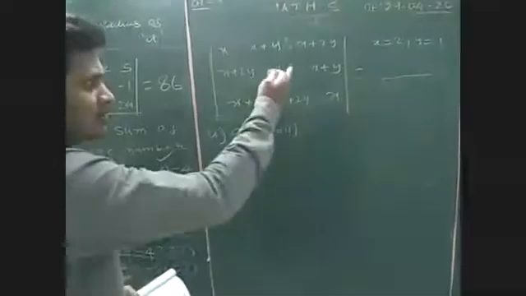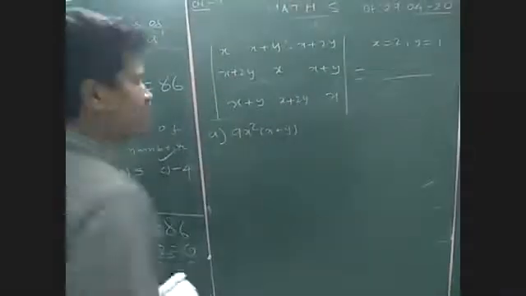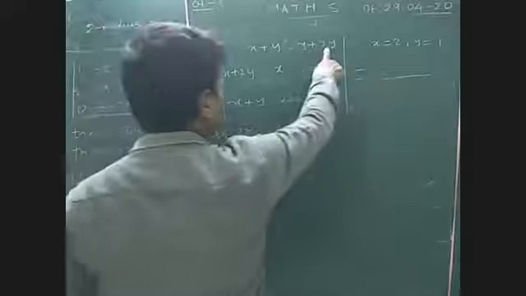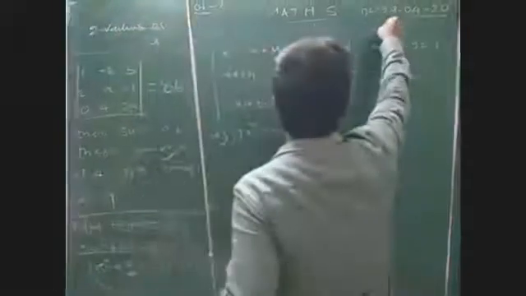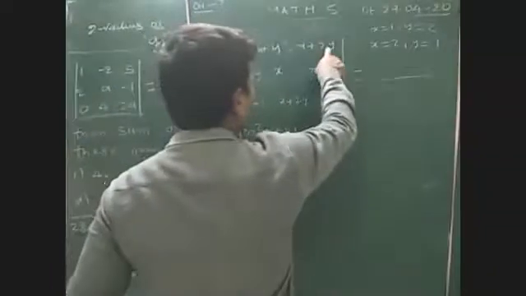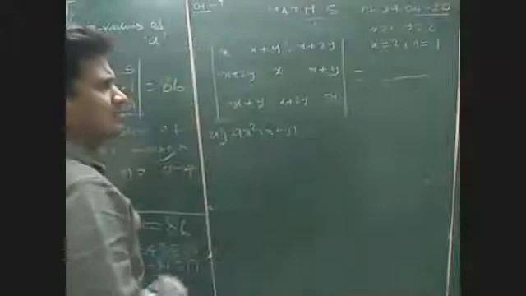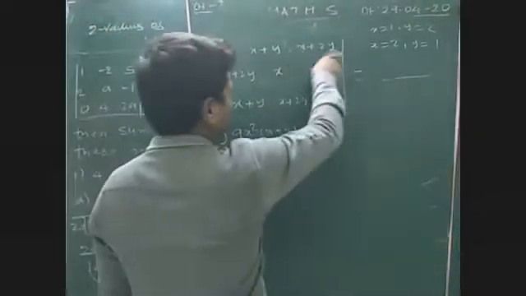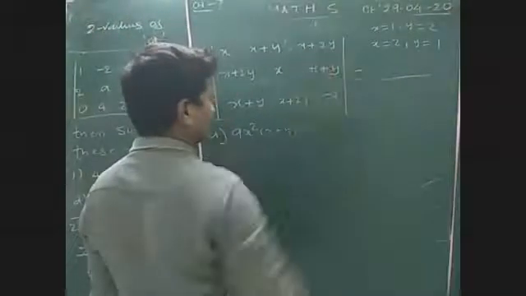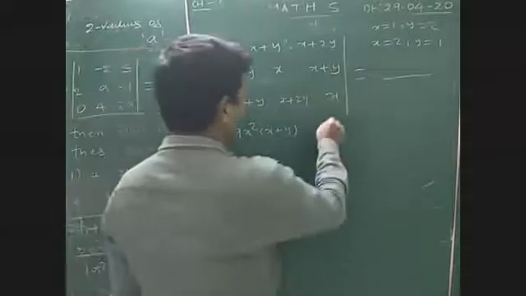Better to take x equal to 2, y equal to 1. If you take 2 here, 2 plus 2 is 4. But if you take x equal to 1, y equal to 2, this will become 5. So better to take a small value. Instead of 5, if it is 4, the simplification becomes easy.